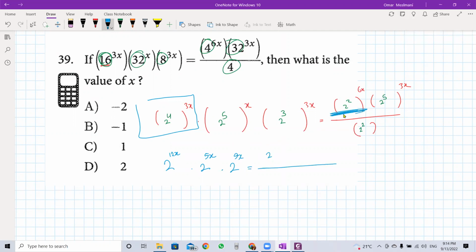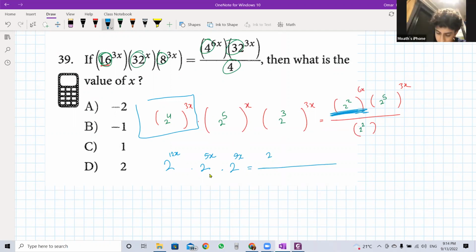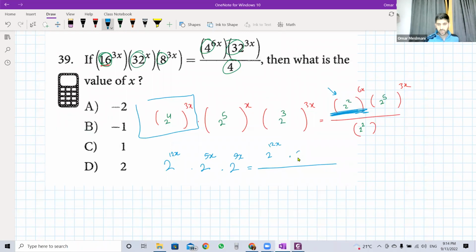Multiply 12x, exactly, 12x. And times 2 power what? 15x. 15x, all over 2 power 2.